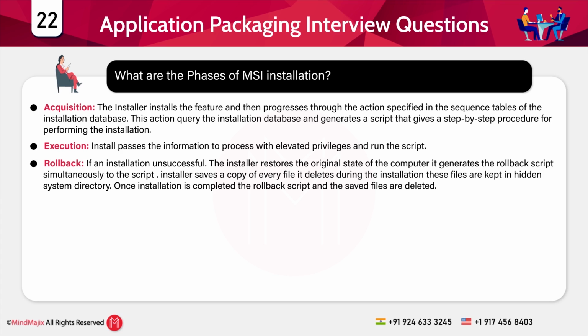These actions query the installation database and generate a script that gives a step by step plan. Once acquisition is done, it goes to execution, which passes the information to a process with elevated privileges and runs the script. Rollback: if an installation is unsuccessful, the installer restores the original state of the computer.